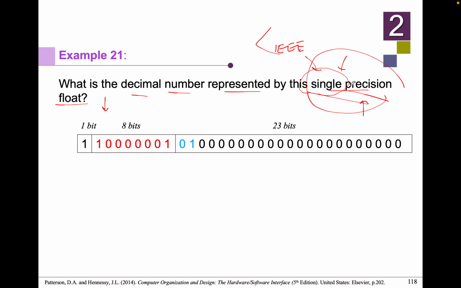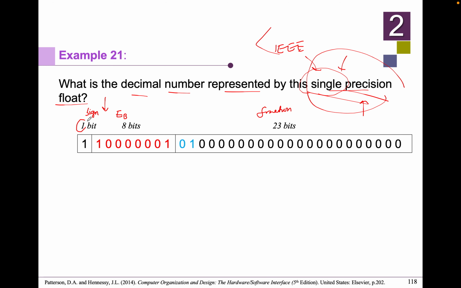Single precision has 1 bit for sign, 8 for the biased exponent, which is EB, and 23 for the fraction.